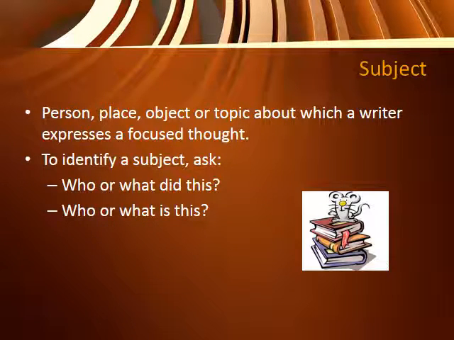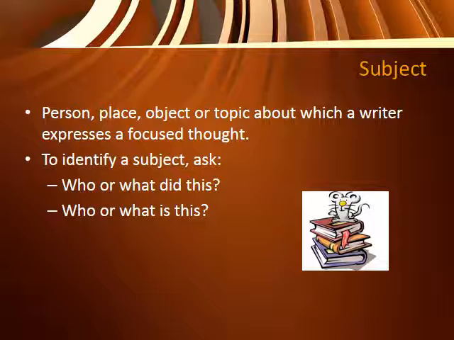A subject can be a person, place, object, or topic. And in order to identify a subject, let's say you get a question on the test and it asks you, identify the subject in the sentence. What you would want to do is ask yourself, where's the verb? Okay, so we found the verb in the sentence.